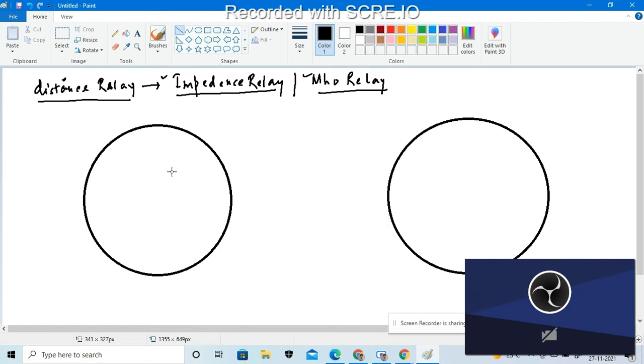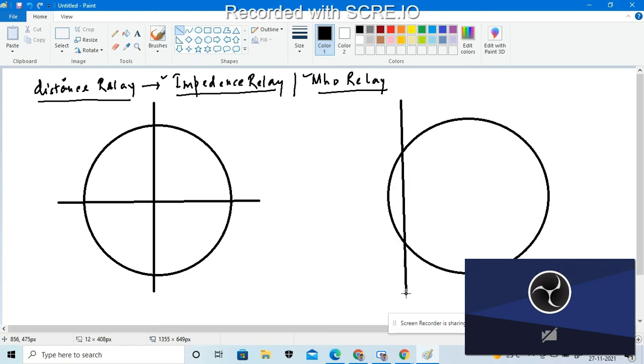You have two quadrants. These are the two axes we are considering, this will be my x and this will be my r. We consider the relay quadrant.